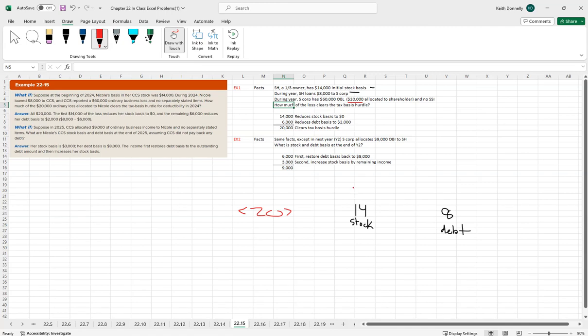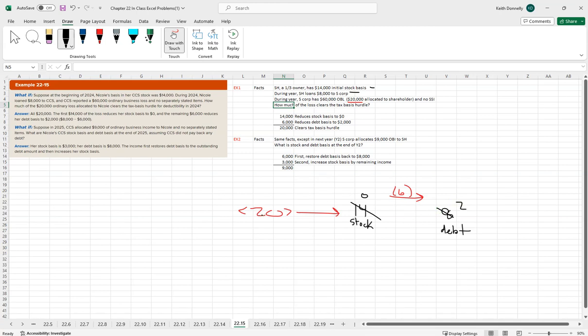All right, so we're going to try to follow the passive activity loss rules. The first here is the stock or tax basis amount. So we're going to have 20,000 come through. It looks like that's going to knock down our stock basis to 0. Once we take down the stock basis, there'll be 6 left, which is going to take this guy down to 2.